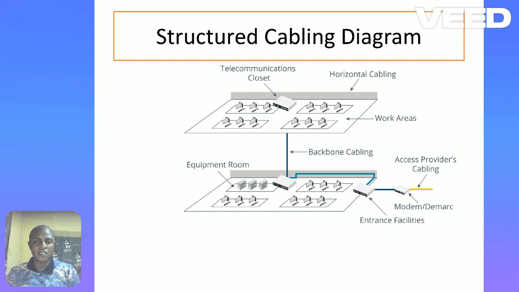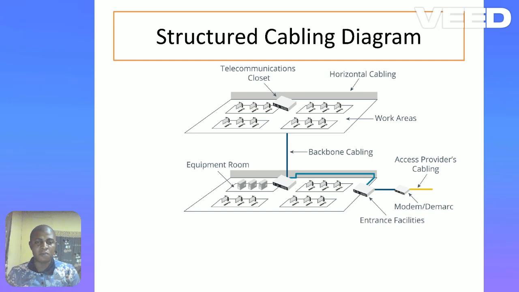One of them is serving the other side, which involves 1, 2, 3, 4, 5, 6 clients. The horizontal cabling leads to the working area. You can see the working area, the structure, everything is there. That one also has another 6 systems behind.